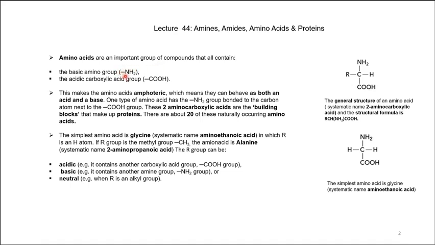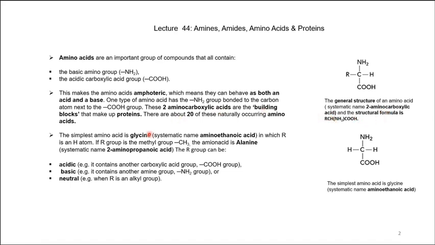One is the amino group, another is the carboxylic group. So here is the general formula of an amino acid. This general structure we call 2-amino carboxylic acid. The structural formula, we write it like this.